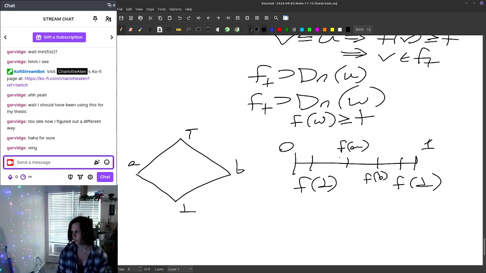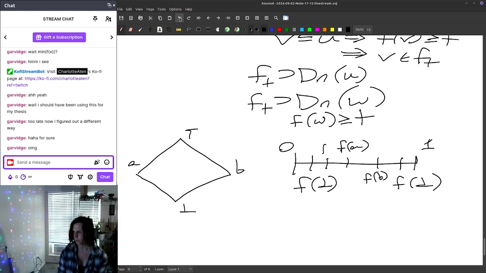If we chose a t that was here, then our downset would just be the bottom element. And if we chose t here, we get B and the bottom element, which also is a principal downset. It's the one for B. But we'd have a problem if we chose t to be here, because then we'd get A, B, and the bottom element.